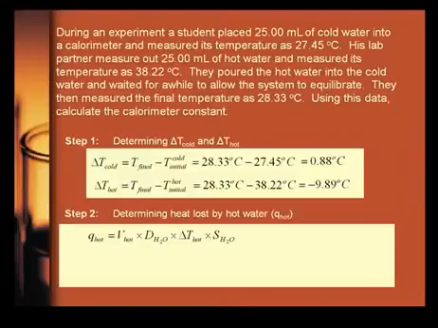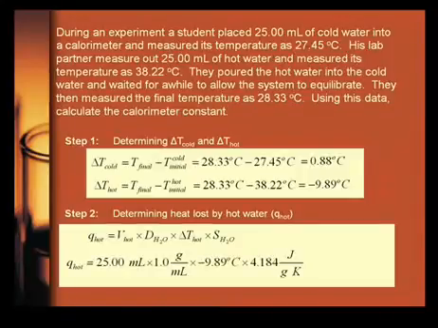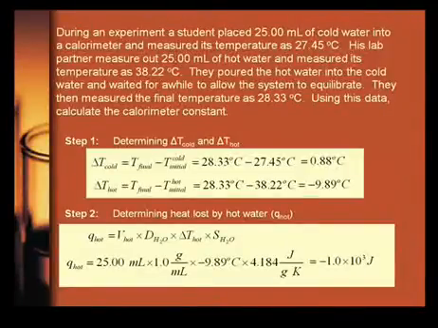Step 2 is determining heat loss by hot water, Q hot. And remember, Q hot is equal to V hot times density of water times delta T hot times the specific heat of water. So Q hot is equal to 25.00 milliliters times 1.0 grams per milliliter times negative 9.89 degrees C times 4.184 joules per gram per Kelvin, and that is equal to negative 1.0 times 10 to the third joules.